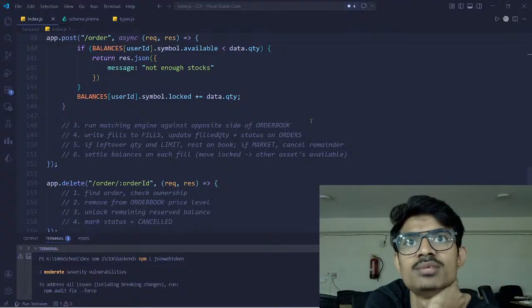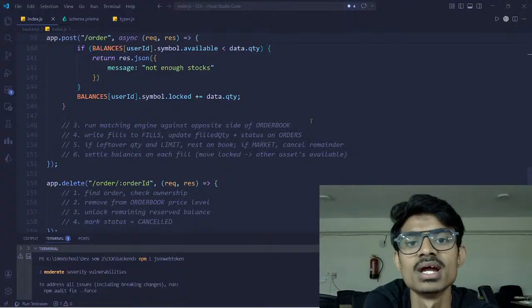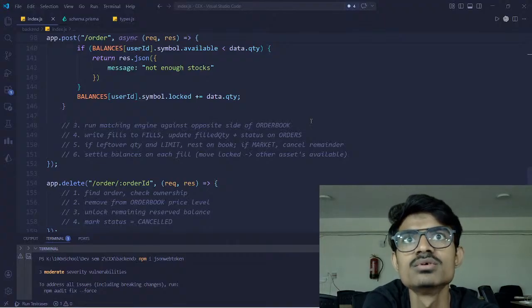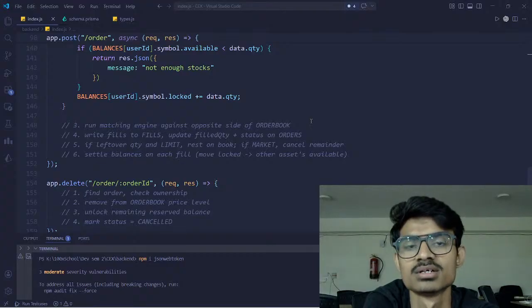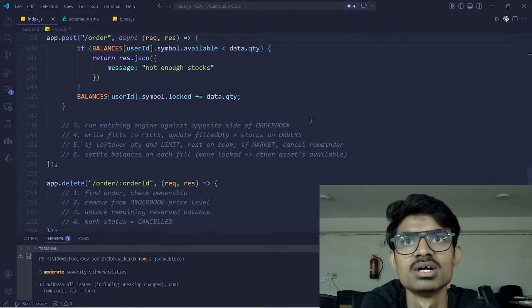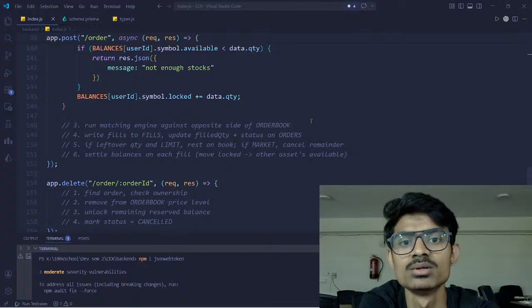We'll just input these things in the order book. And if someone is selling at that price or lesser, and there is enough quantity that he's selling to give us however much we have asked to buy, then we will not go into the order book.